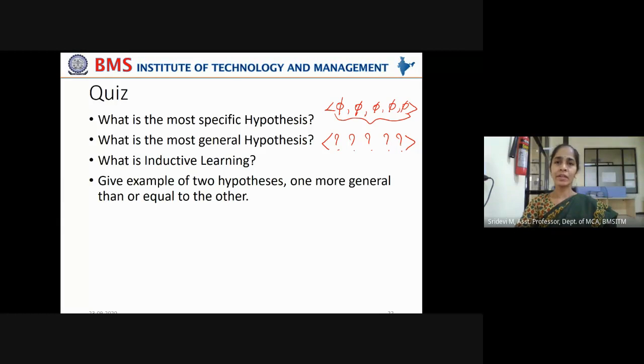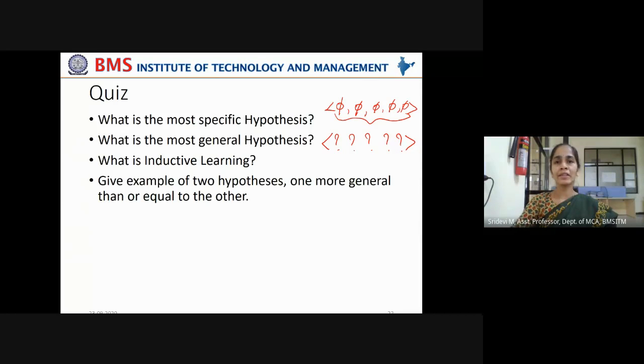What is inductive learning? Learning from the previous observations and trying to apply that knowledge for the future learning, for the future predictions. Okay, you're doing inductive learning, right? All the students are doing inductive learning. You're learning from the training provided by the teacher, and you are trying to apply that learning or experience in your exams.